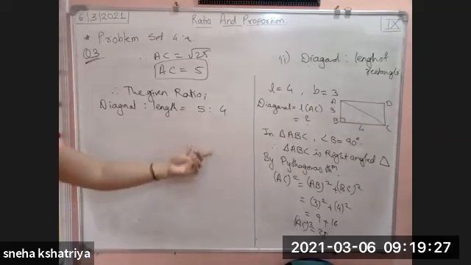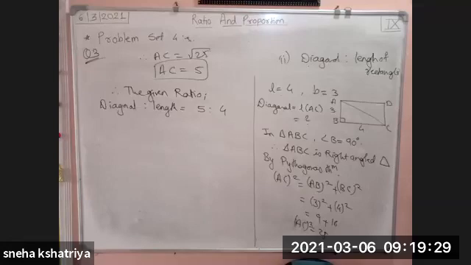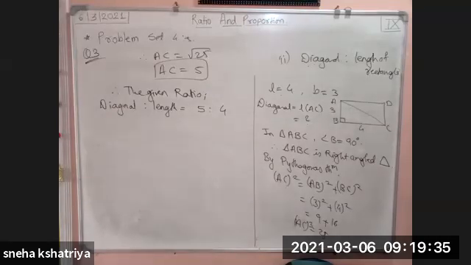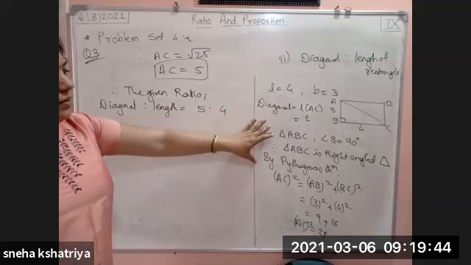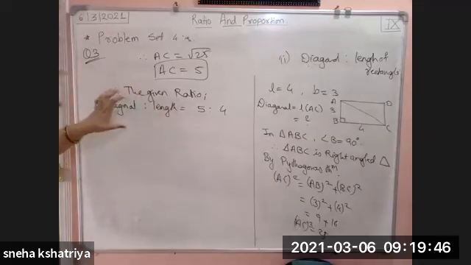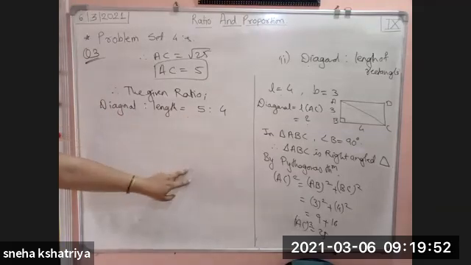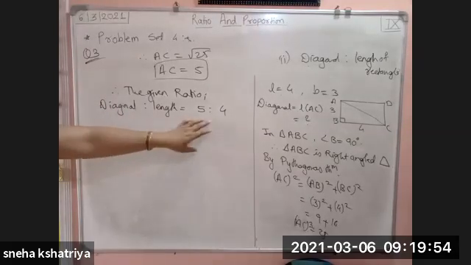We don't have to solve any further because 5 is to 4 is the last answer. So the given ratio becomes diagonal to length equal to 5 is to 4. So this is a theoretical type of statement they have given. From that statement, you have to identify and solve, and whatever the given ratio is, that you have to find out. If it is reducing, then you can reduce it. If it is not reducing, then keep it as it is.